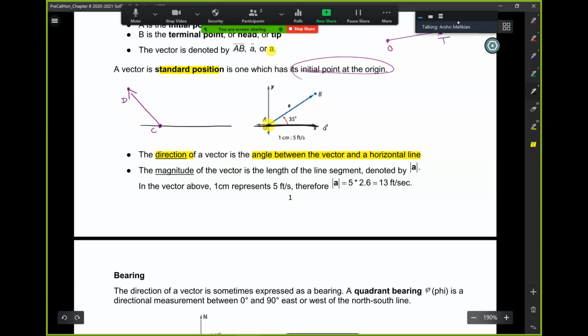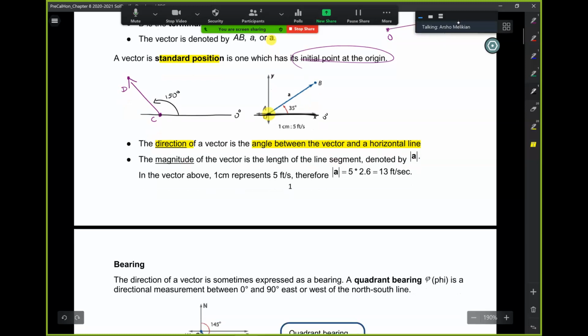This is 0, that's always the 0 degree. And then if you move up, let's say this is 150 degrees, that's the direction. So if I say go 150 degrees from where you are, there is only one place for you to go, because it's from the horizontal over.